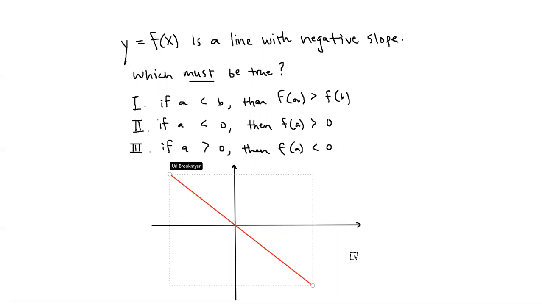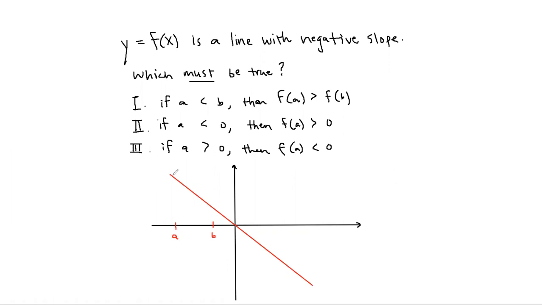Option 1 says that if a is less than b, then f of a must be greater than f of b. Well, we can consider two values, a and b. Perhaps a is here and b is here. This meets the criteria that a must be less than b. We can then ask ourselves, is it true that f of a is greater than f of b?